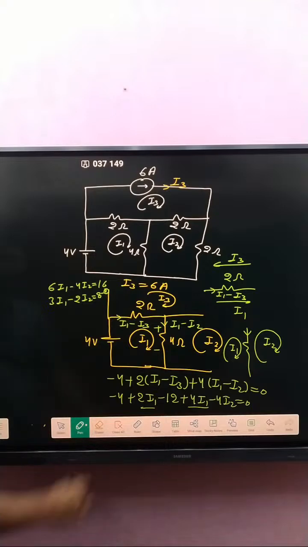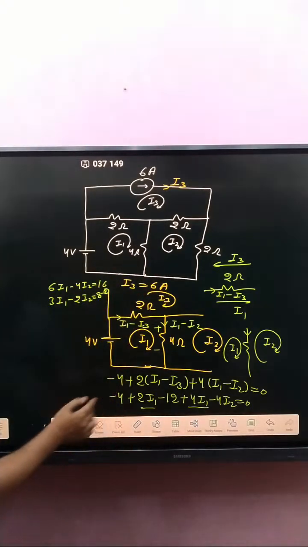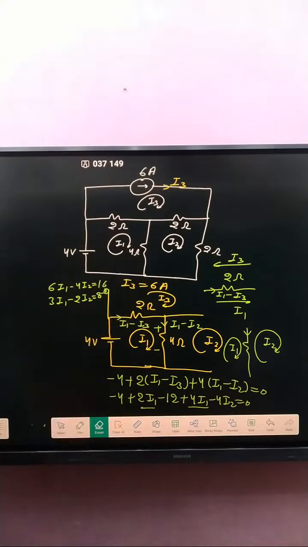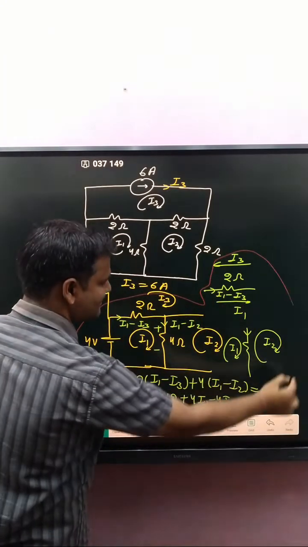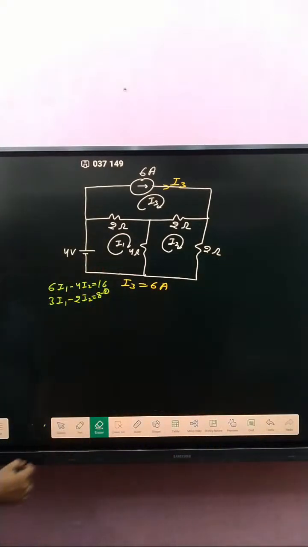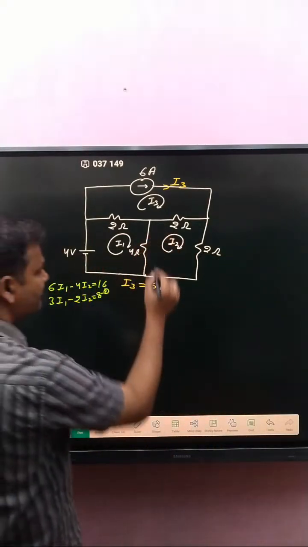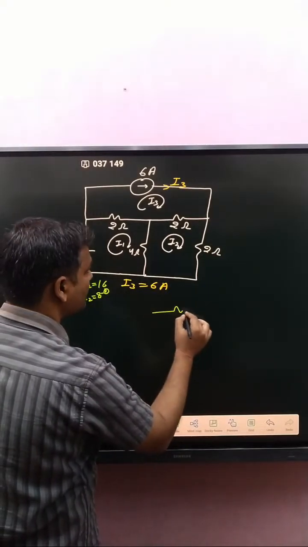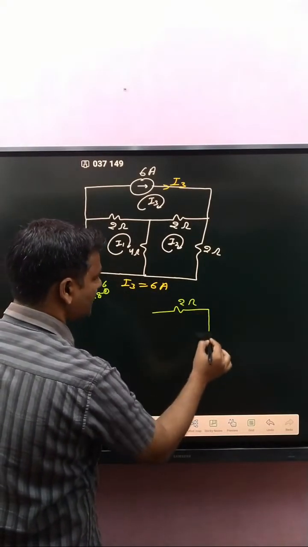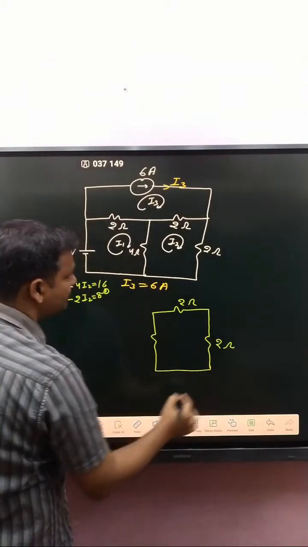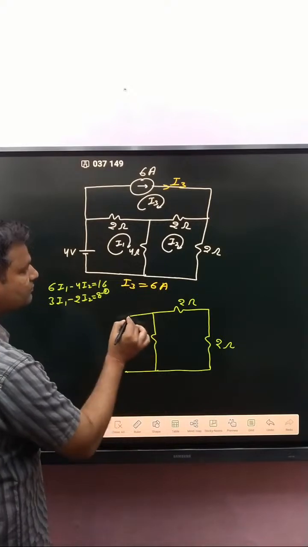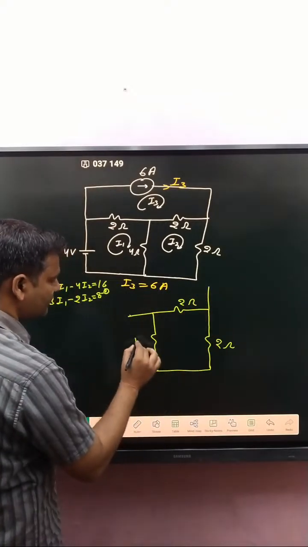Now, if you focus on that loop, first of all make it. After that we focus on that loop. That is 2 ohm, here 2 ohm, here 4 ohm, here 4 ohm.